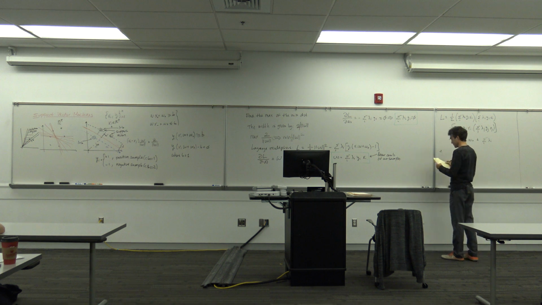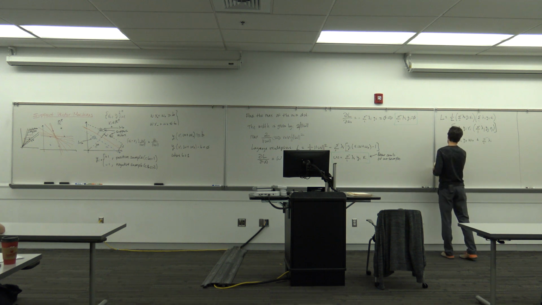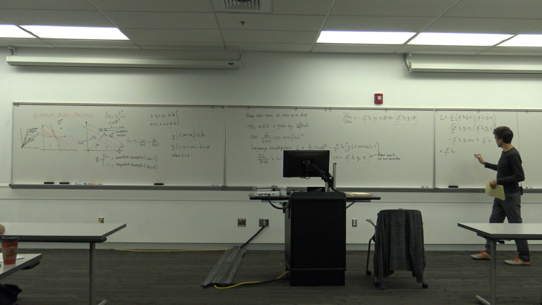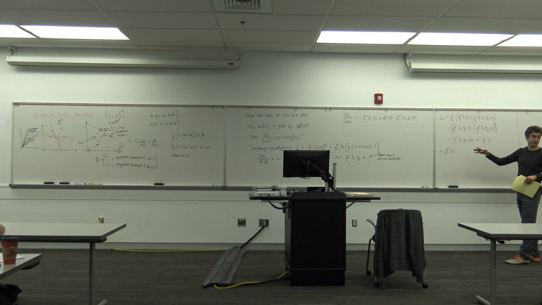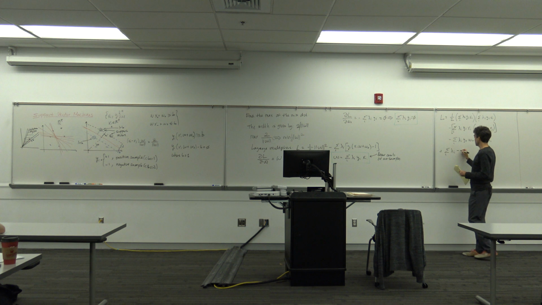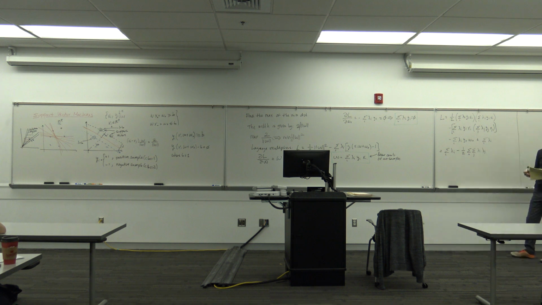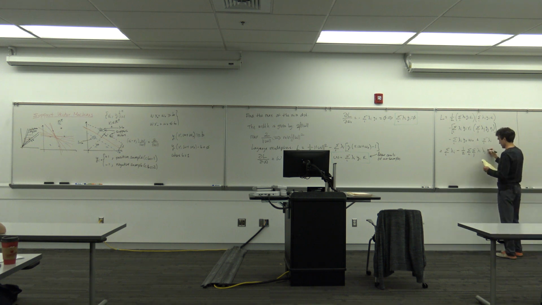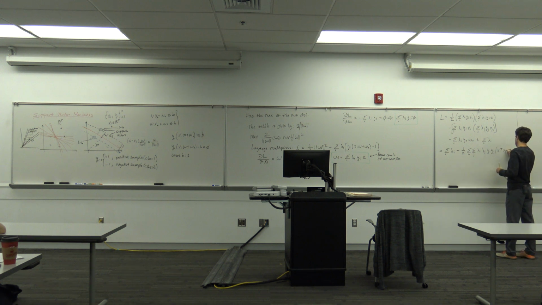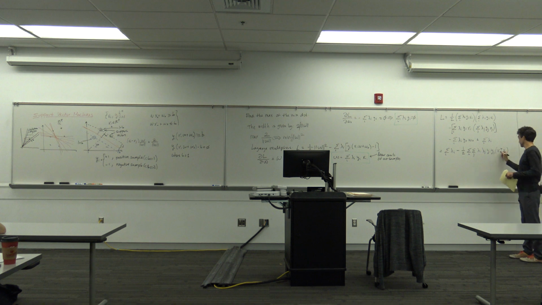If I rearrange all this, I get the sum of all my lambdas, this last term I put first, minus 1/2 of the sum over all i and all j of lambda i lambda j, i and j from 1 to n as always, yi yj, and the inner product of xi and xj.